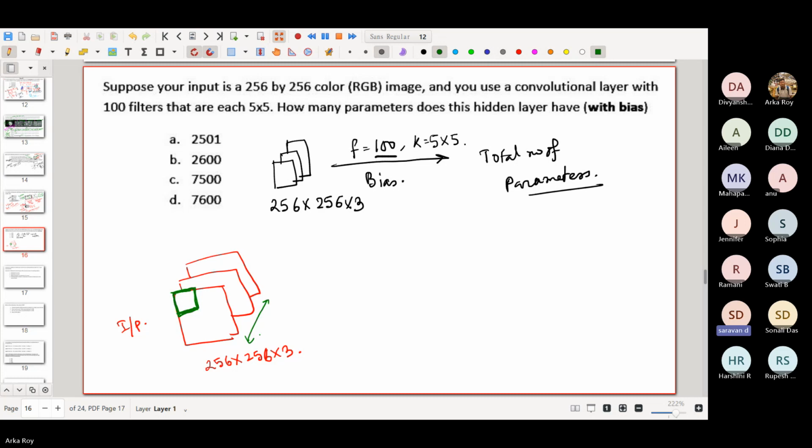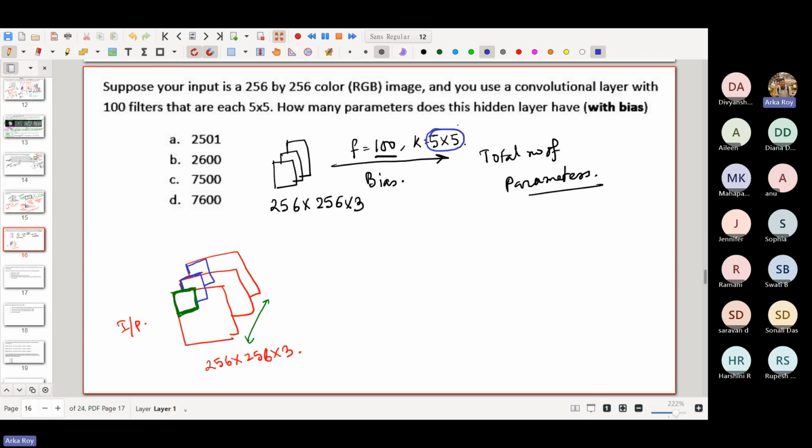No, you cannot, because the image is 3-dimensional and the kernel is 2-dimensional. So the kernel has to be copied over all the 3 layers. So you had a 5 by 5 kernel, but due to the convolutional constraint, because you cannot do a convolution using 2D data onto 3D data, first you have to copy.